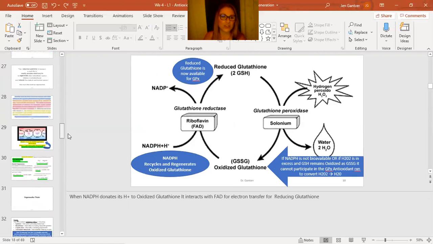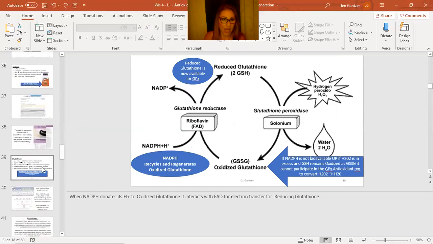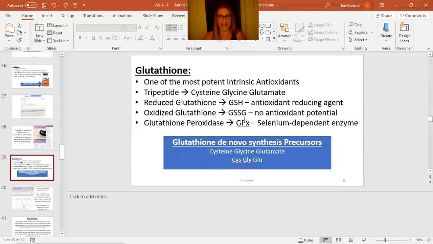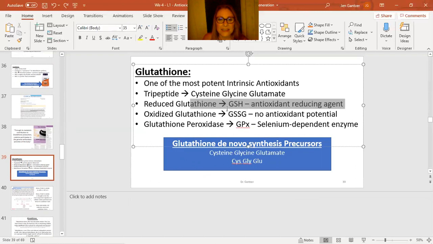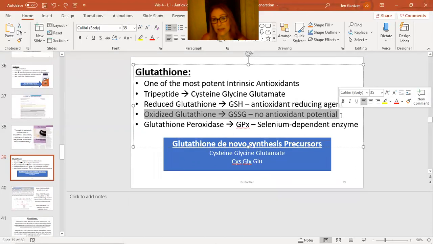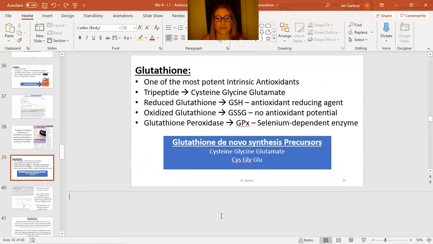That is the designation for the oxidized glutathione. And as you can see, once it's oxidized, it has lost its antioxidant potential until a reducing agent, typically going to be that NADPH, but we can also see vitamin C, that's going to reduce it back.